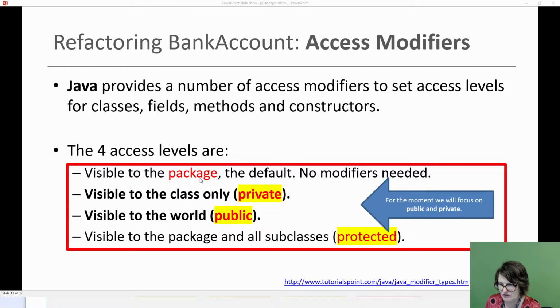Visible to the package needs no modifier, and if you don't put anything in, that's what you get. To the class only is private. To the world is public. And protected you can think of as in between. When we look at inheritance, we'll see this. We're not going to worry about it. We'll just concentrate on private and public. So it's either available to everyone or available just to the class.